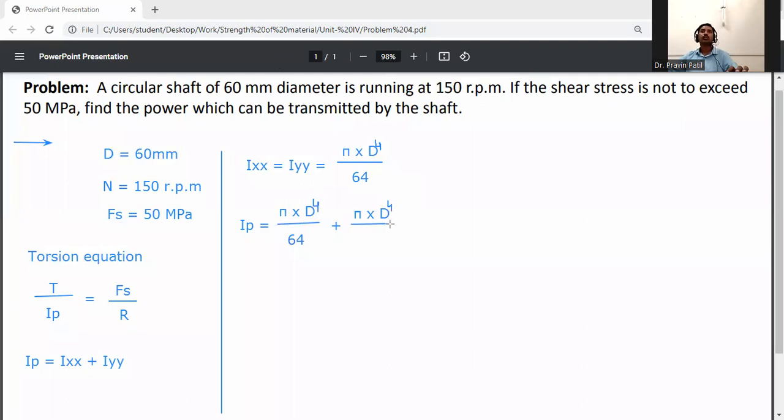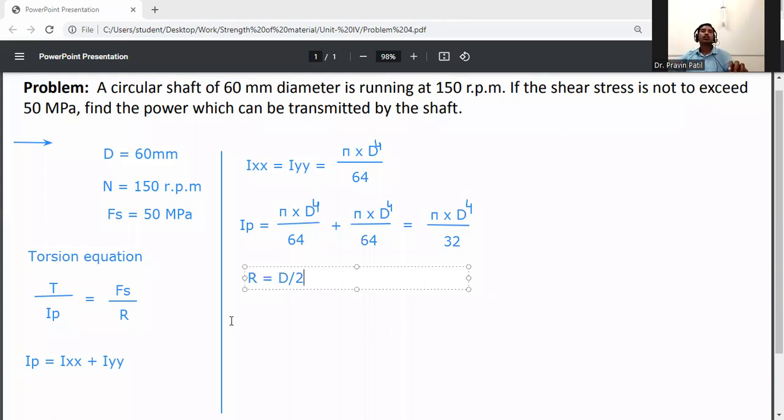So the addition of these two gives pi d raised to 4 divided by 32. So this one is Ip. And r is equal to d by 2.